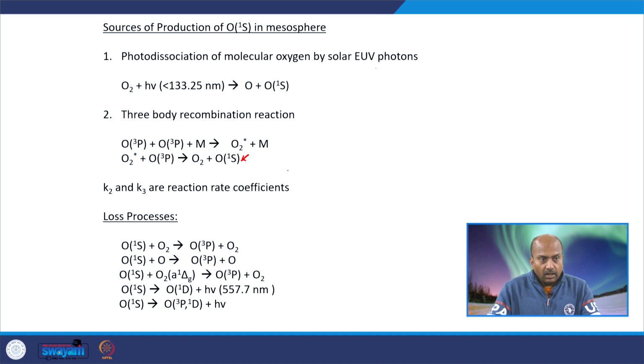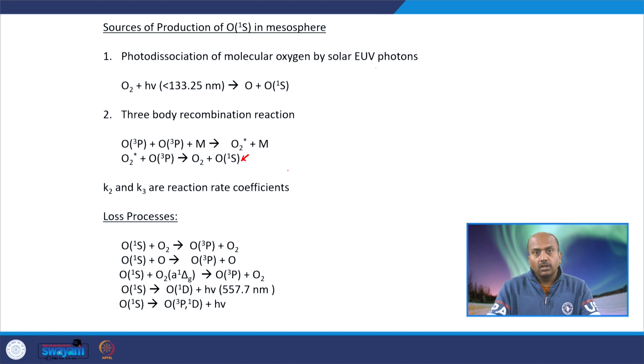So, given enough atoms and molecules required as the reactants of this process, this reaction will consume the entire population that is available in that particular volume.